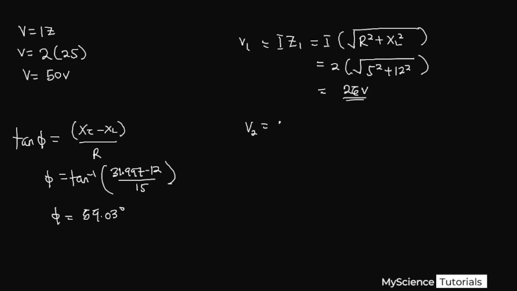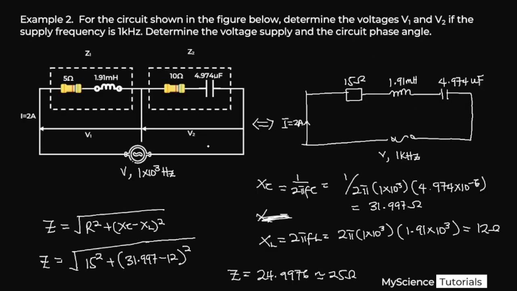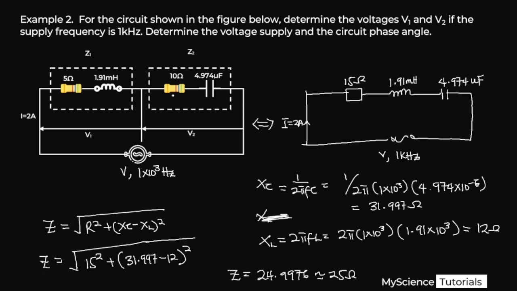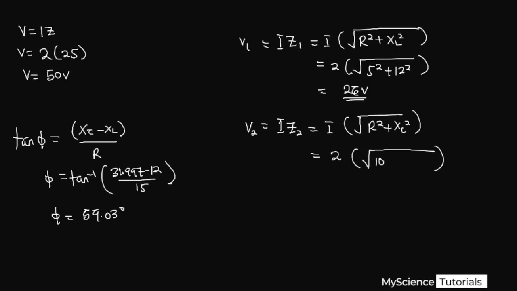Our V2 will be done the same way, so we have I times Z2, which is equal to I multiplied by the root of R squared plus XC squared, since V2 has a resistor and a capacitor. Our current is 2, multiplied by the root of our resistance in that particular circuit, which is 10, as we can see over here, so 10 squared plus our XC.